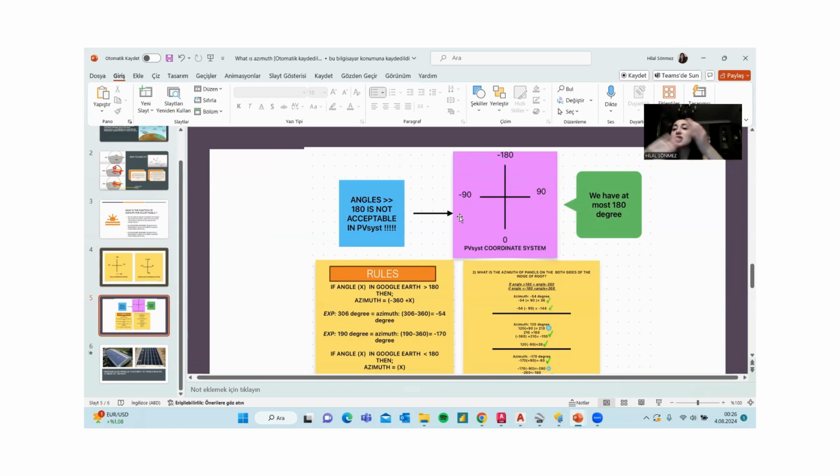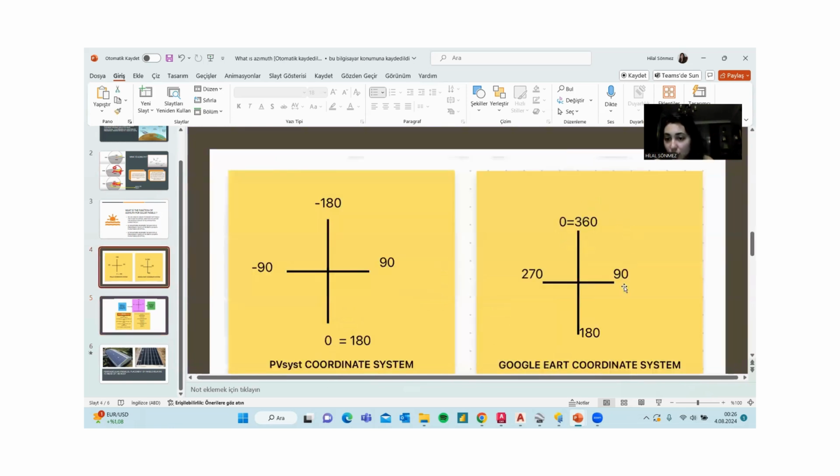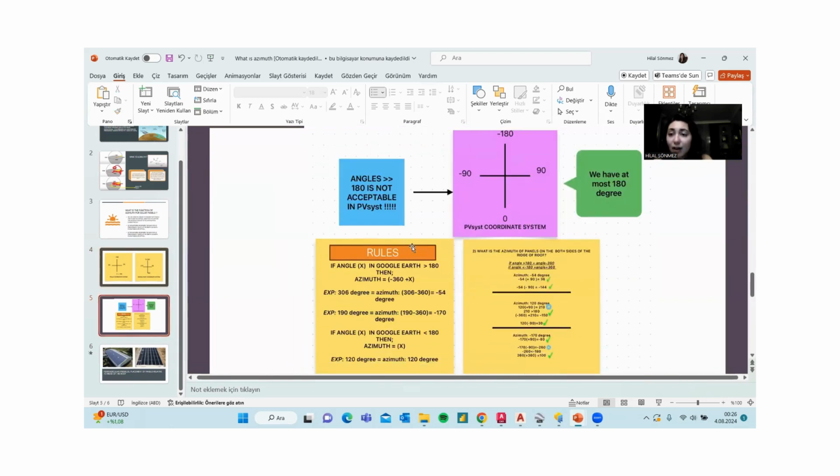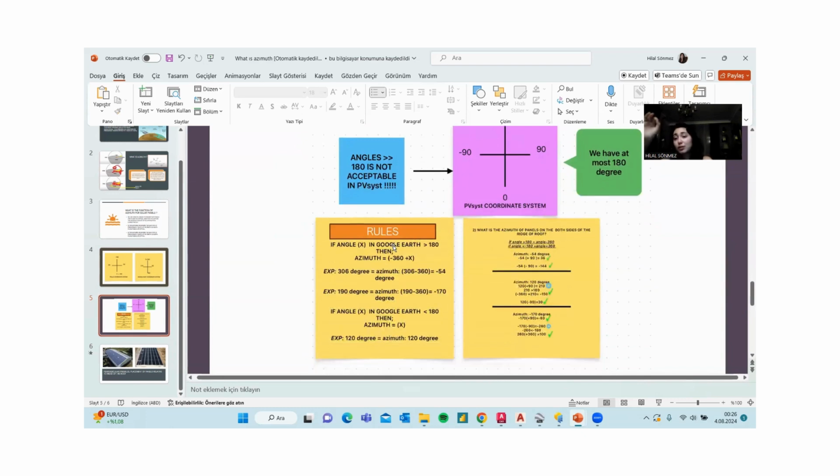We are just dealing with positive degrees. As you can see, it starts from 0 and all the angles are positive. So when we calculate the azimuth of our roof and building in Google Earth, we are just dealing with positive angles.